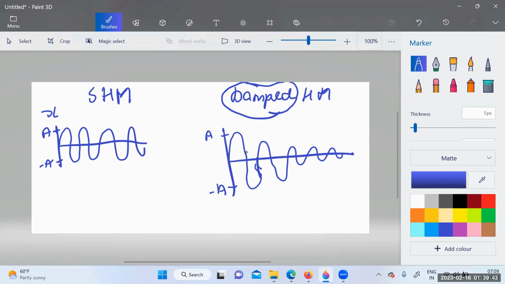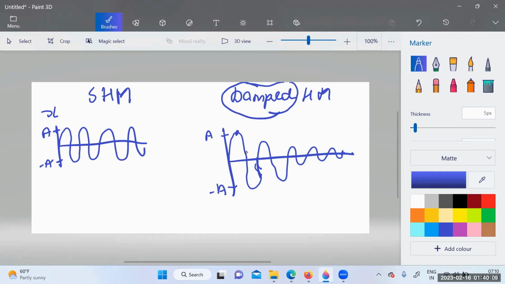Correct? So that's also an application of damped harmonic motion. Initially this is the point where the force is being applied. By the time it reaches the driver or the people sitting there, it would have been reduced. If not to zero, it would at least have been reduced.